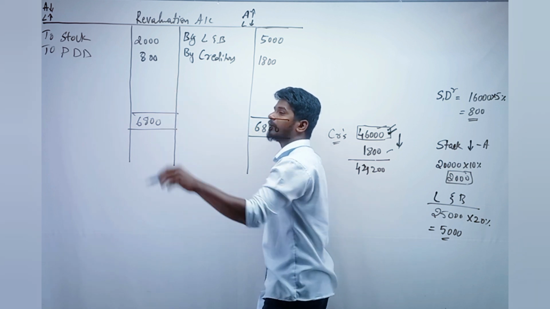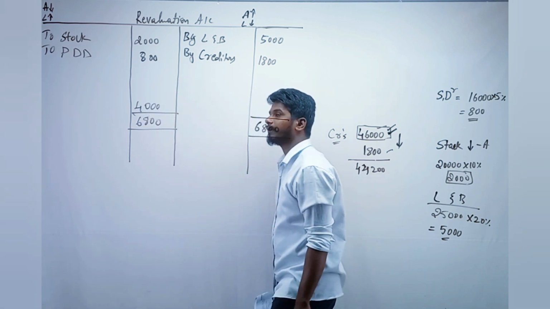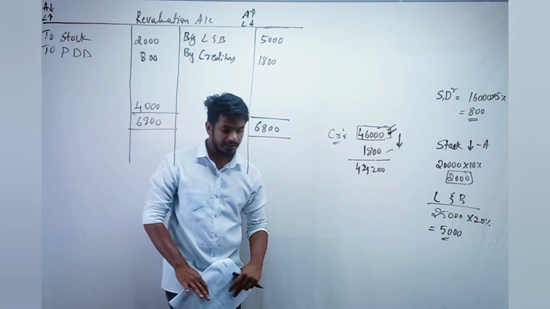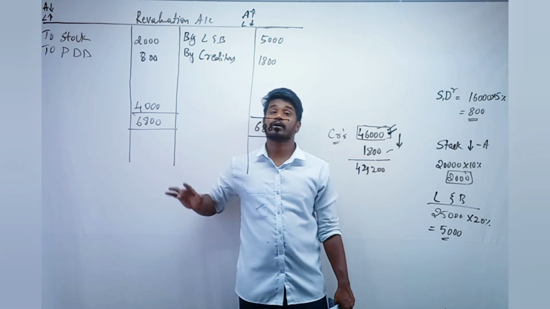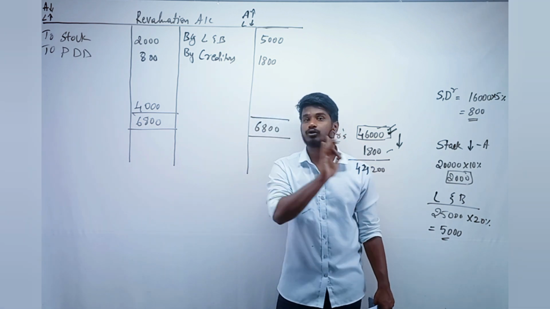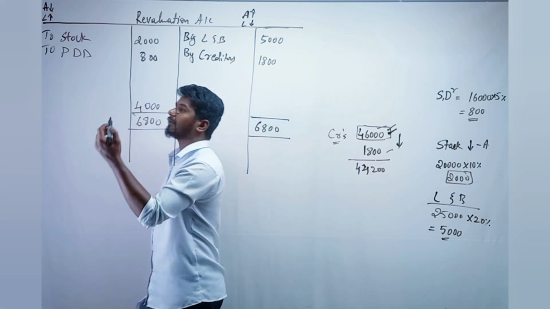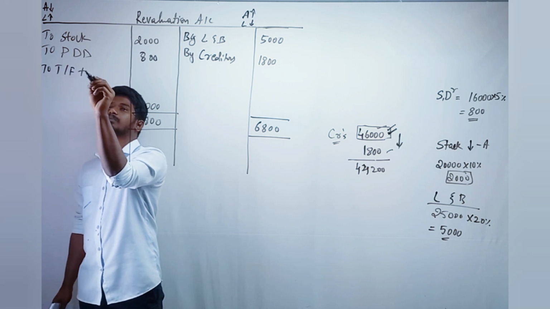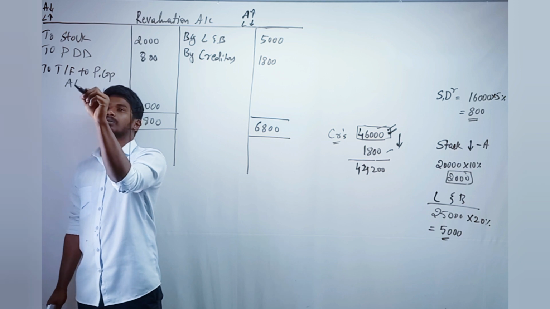How much will it be? The remaining 4,000, correct? So next, where will we transfer this? The next account we should create is the partners capital account. So we will transfer that to the partners capital account.